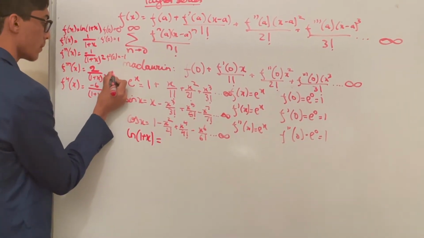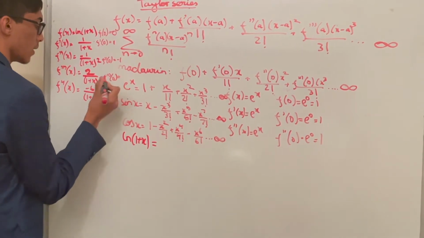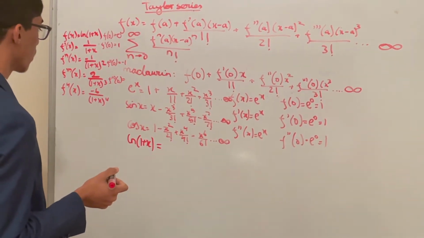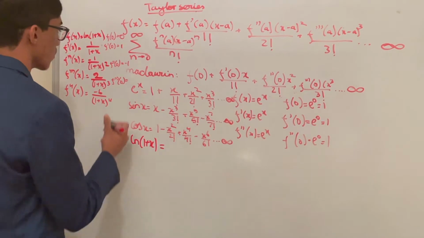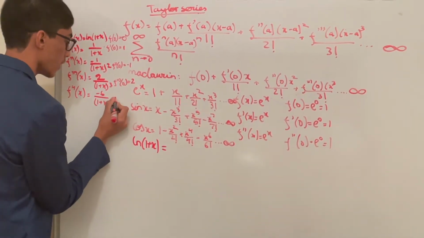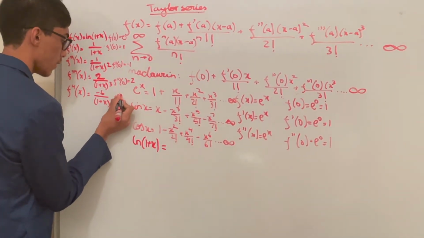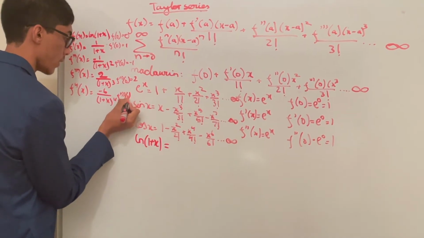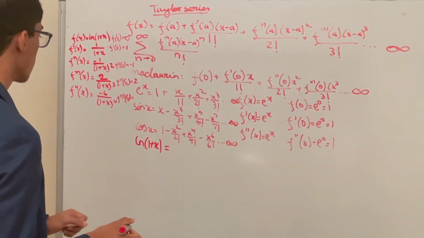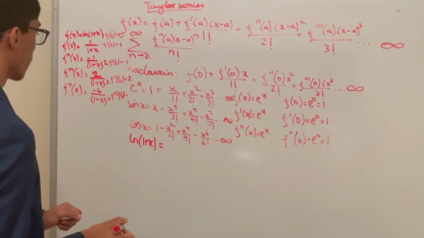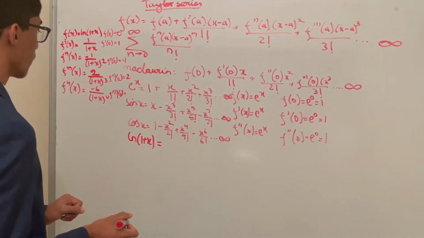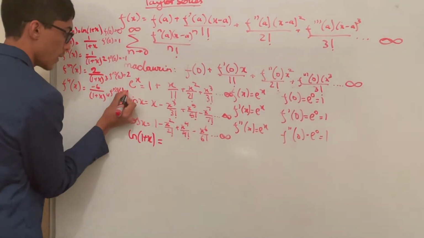F triple prime 0 would be 2 over 1 plus 0 whole cubed, which is just 2. And finally, the fourth would be minus 6 over 1 plus 0 to the power of 4, which is just minus 6 over 1, which is minus 6.